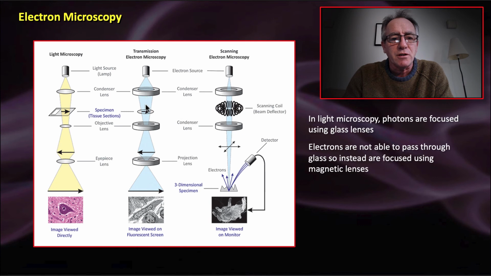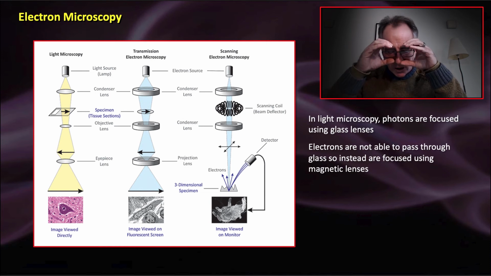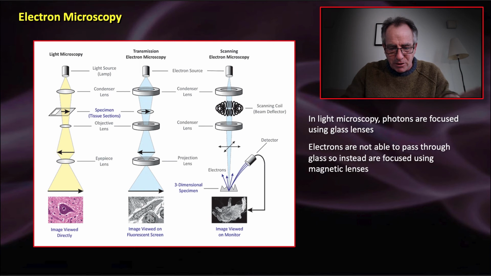They're focused onto the specimen, refocused down onto a detector, which is indicated in this picture as a fluorescent viewing screen. And that's how we saw the image in the old days. You would sit in the electron microscope room and you would have a phosphor screen, and you would put your eye up to the binoculars and you would see the image forming as a sort of greeny image on the phosphor screen, and then you would take a photograph of it onto film.